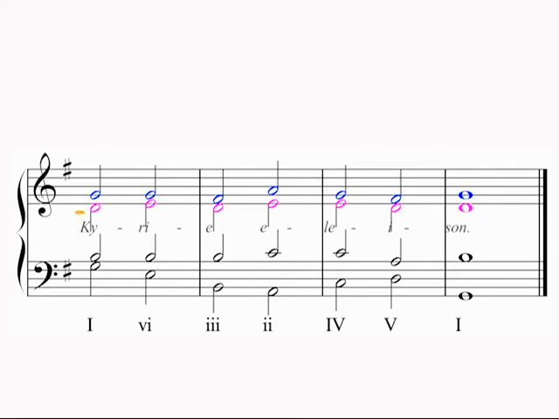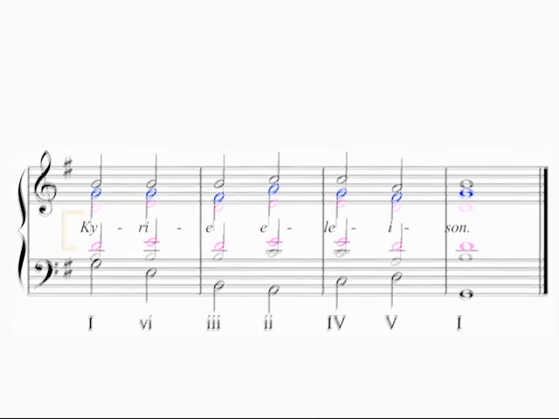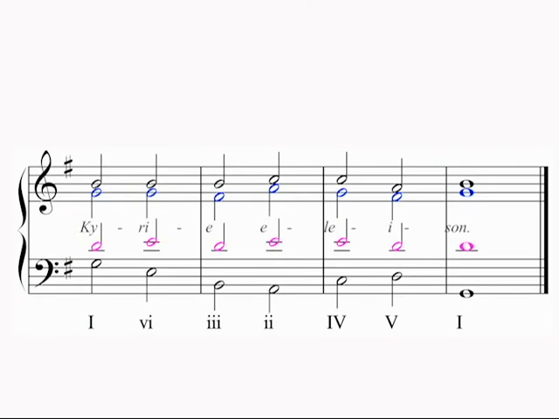So what if we gave the alto voice to the tenor and brought them up into a higher register and then moved the tenor voice to the soprano? Here's what that would sound like.